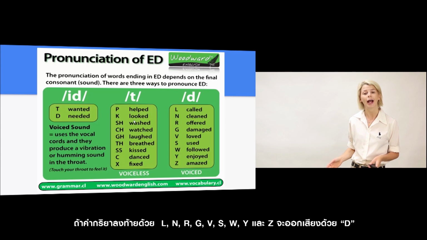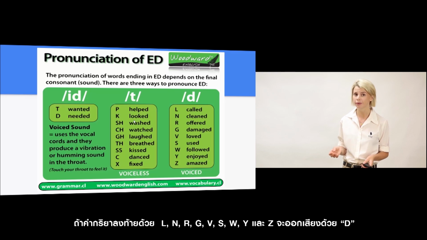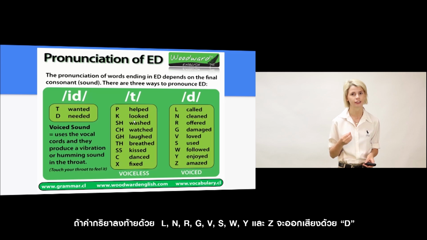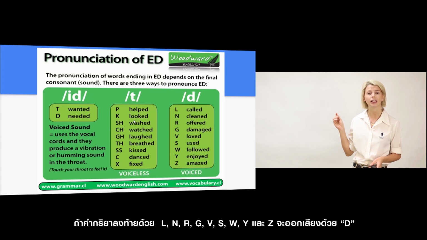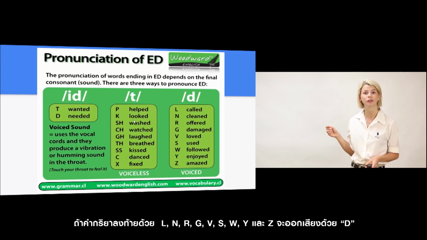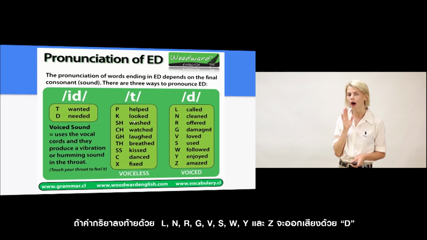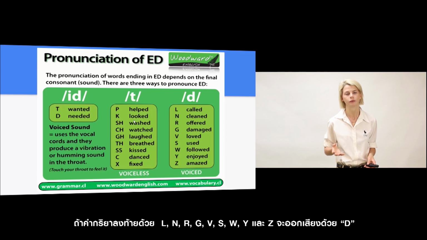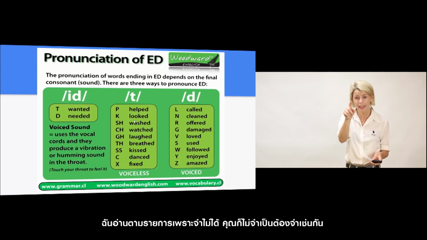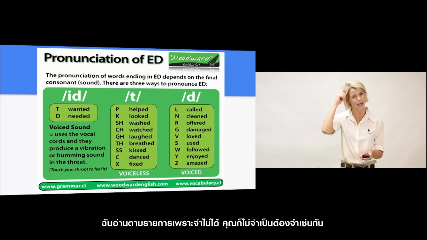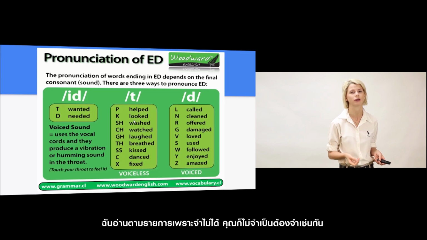On the list, you have all the endings of verbs that use the sound. L, N, R, G, V, S, W, Y, Z, or Z if you are American. In British, we say Zed. Up to you. Again, see how I read the list. I don't know this list, so you don't need to know it also.